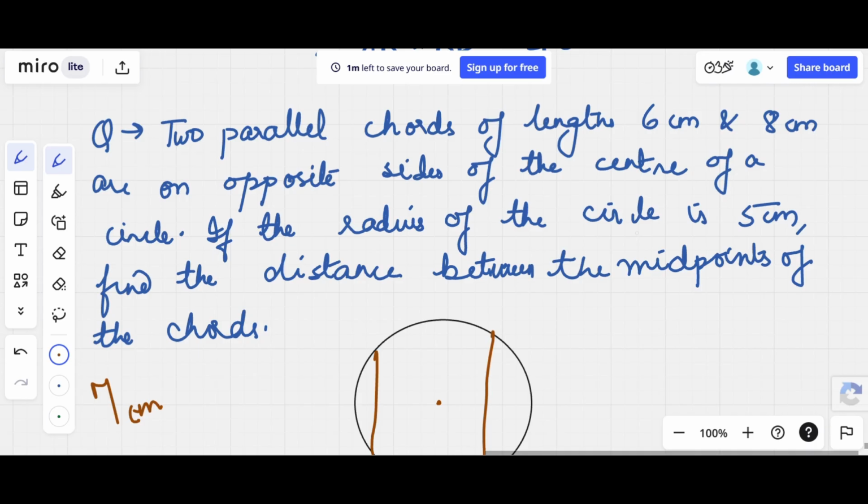These are parallel chords on opposite sides of the center. If the radius of the circle is 5, this is the radius which is also 5. Find the distance between the midpoints of the two chords.